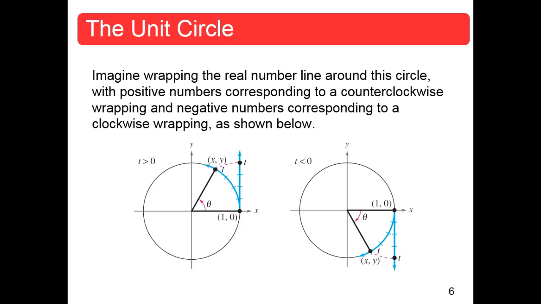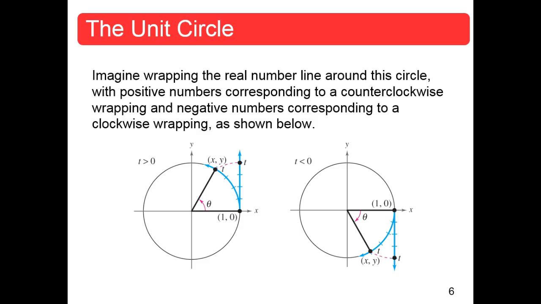So hang on to the concept. Now, this is the part, and it's fine. It's a little bizarre, but it's basically what we're doing when we're talking about arc length. We're doing this very same thing. Now, though, they're wrapping the real number line around a circle. Not an arc length, but a real number line.